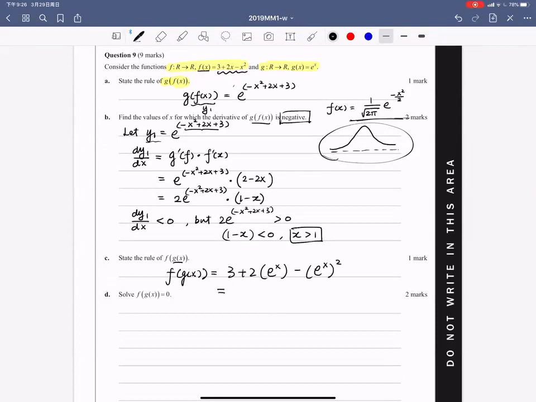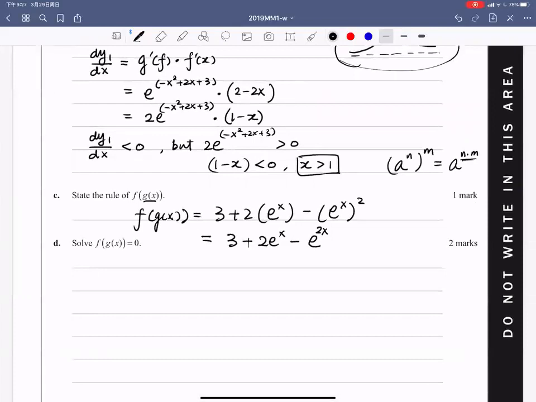And you should have 3 plus 2e^x minus, be very careful here, don't write e to the power of x squared, no. That's e to the power of 2x, okay? Notice from year 10 onwards, if you have something like that, it's actually a^n times a^m, okay? That's your basic index laws. So don't get yourself confused, right?